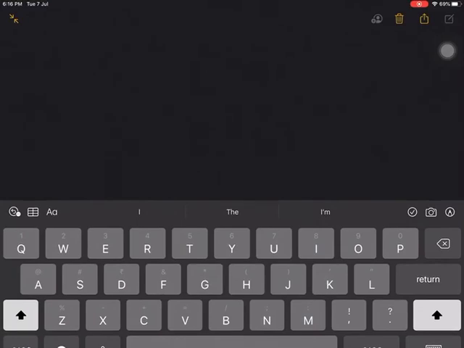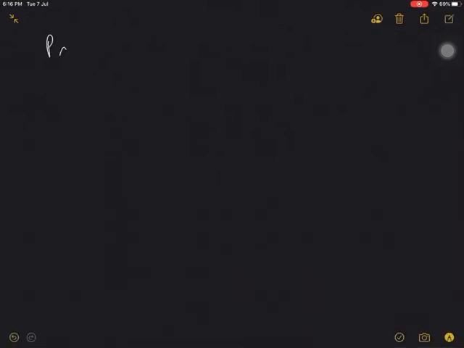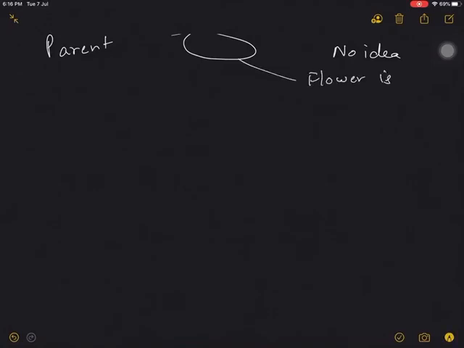Parent, I am showing you again. Parent, no idea. But color of the flower is violet. Flower is purple or violet. Okay? We have no idea. So what we can do for this? Again, the flower color is purple.